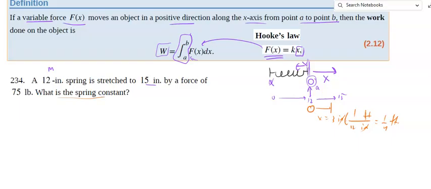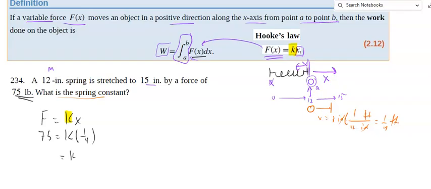What is the spring constant? Well, F equals kx. The force applied in this case is 75 pounds. K is the spring constant, and that's what you need to find first every time. Once you find that you're set, you just put it in there and you integrate and everybody's happy. x is 1/4. Again, if you use 3 inches, that's not a problem. Just write the units in.